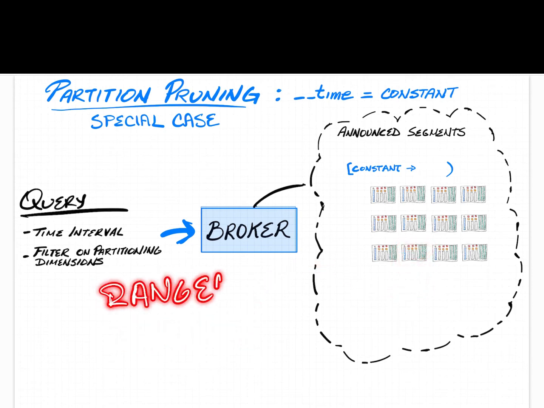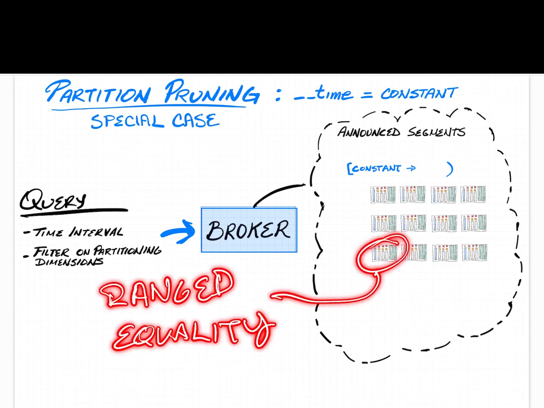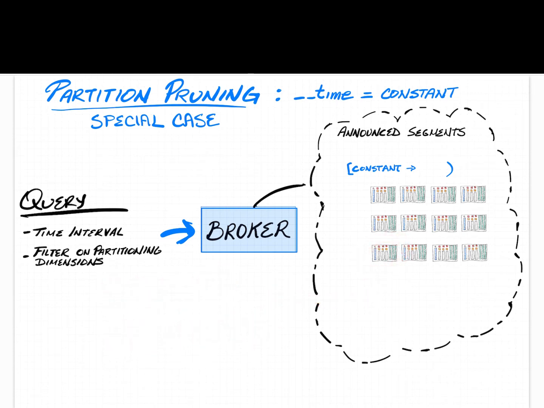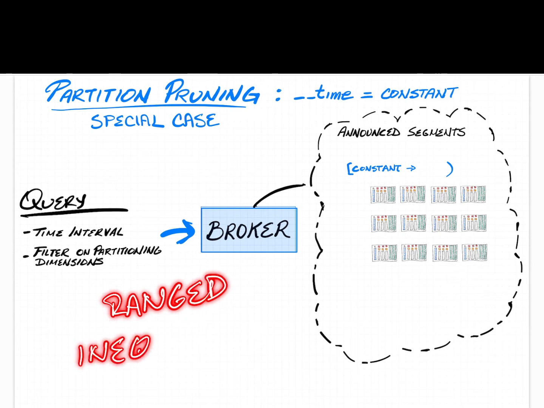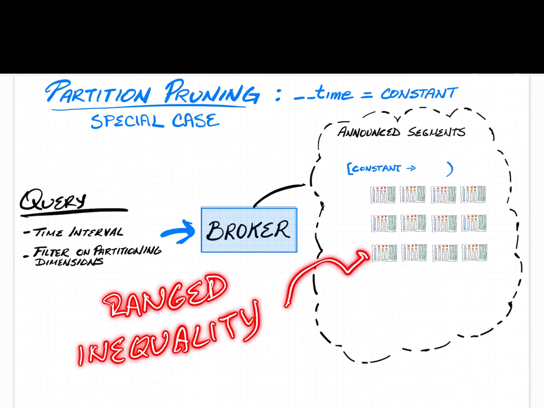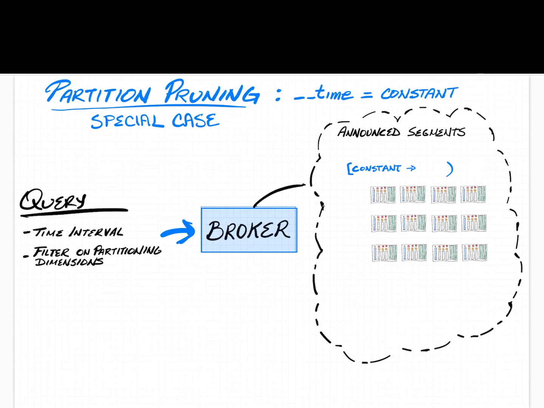With ranged partitioning, if we have equality conditions, we may get one or a few partitions to read from, depending on the partition ranges. And with range partitioning, we can also service inequality conditions and potentially still reduce the number of partitions that we need to read from. Right? So ranged is good if you need inequalities. Hashed may be better if it's all equalities because it guarantees a single partition.